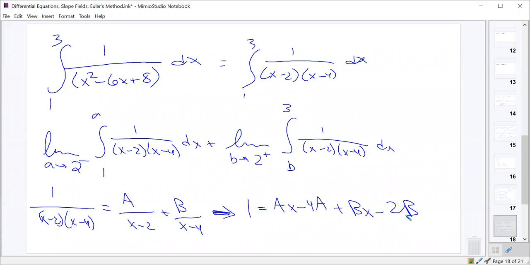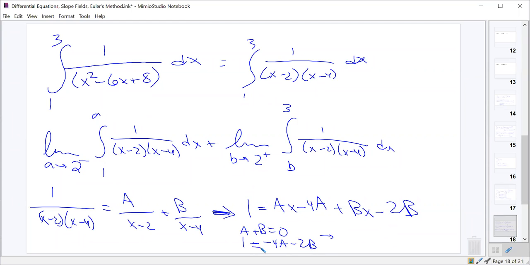Then we can solve our system. We have 0 x's and A plus B, so A plus B is 0. And over here we've got 1 is equal to negative 4A minus 2B. However we want to do it, we can solve this system of equations. We can make A equal to negative B, just replace all the A's with negative B's.